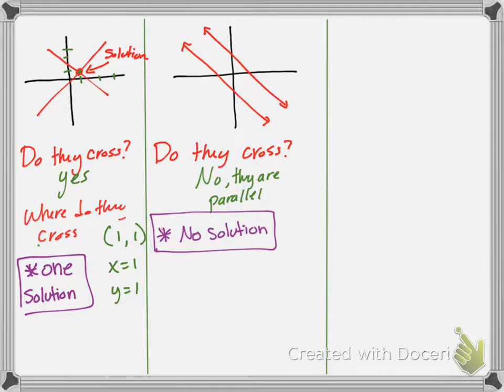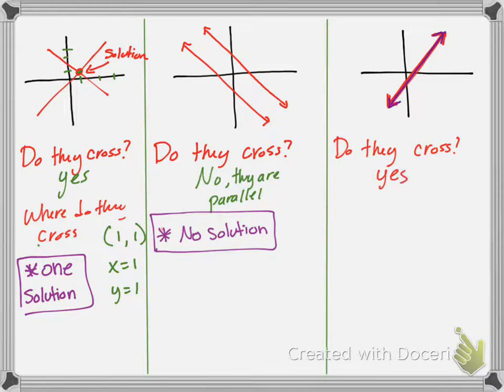The other type would be that if we have a graph and then we have a line that goes this way, just like that. And then let's say we have another line that's right on top of it, right? And then you ask yourself the question, do they cross?